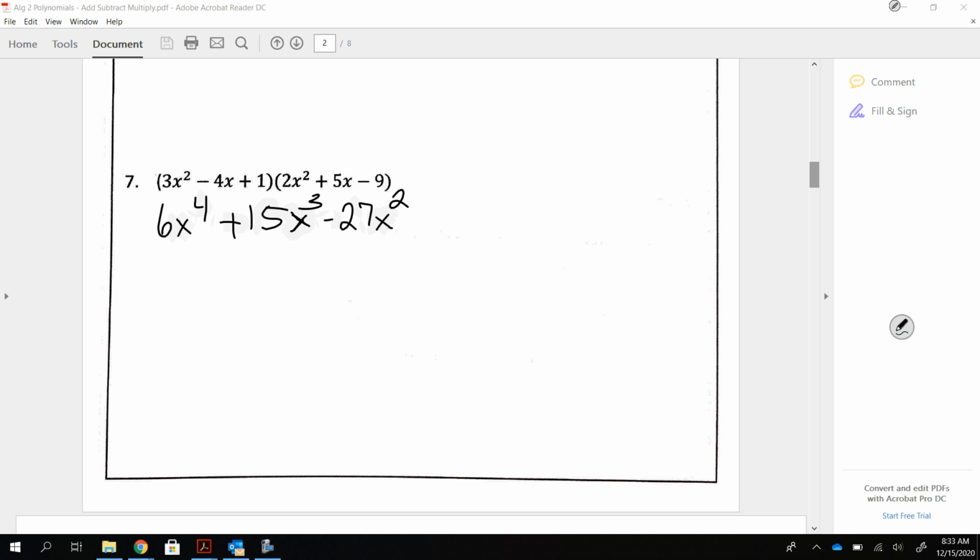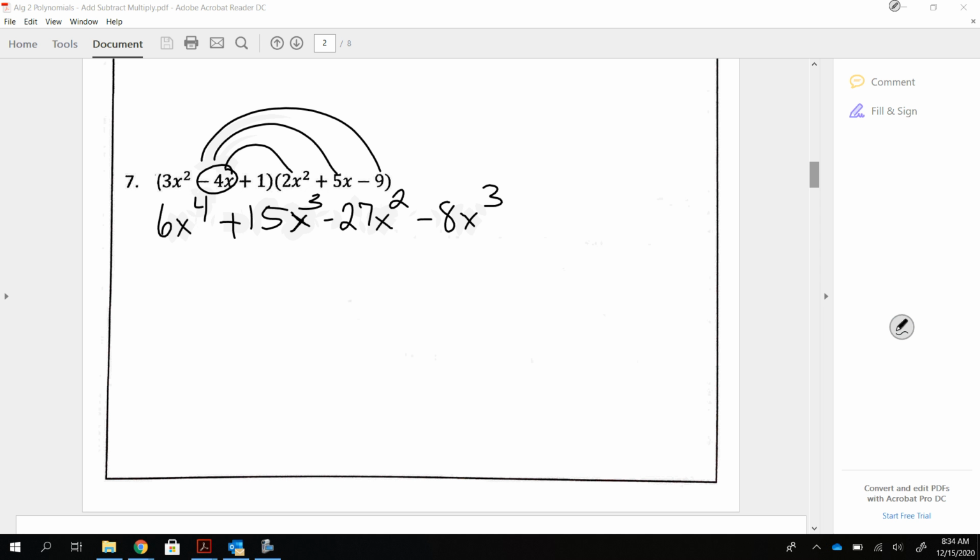Moving on. Let's do negative 4 now. We're looking at this second one. Don't forget the negative. Times all 3. So negative 4x times 2x squared is a negative 8x cubed.